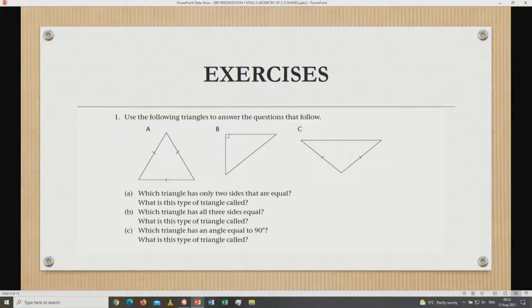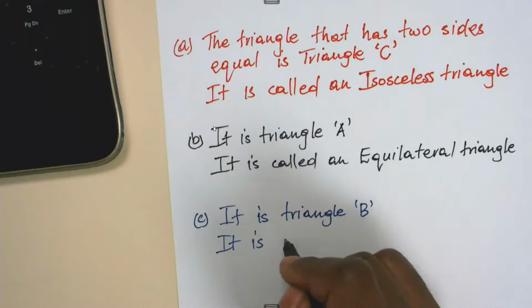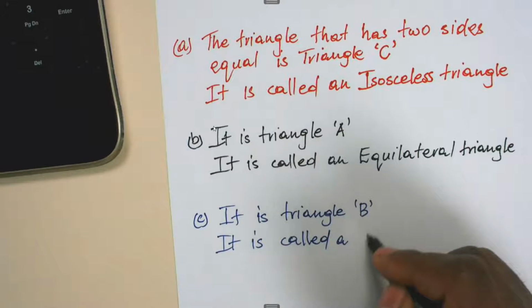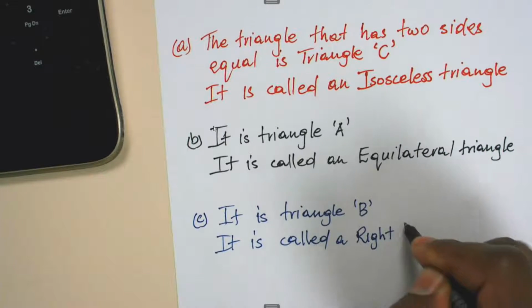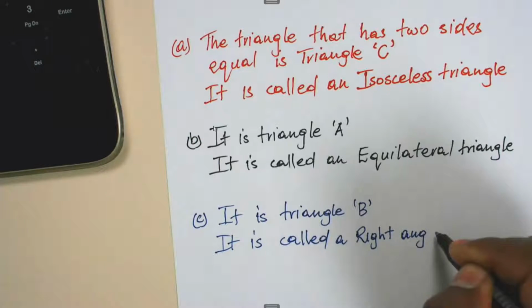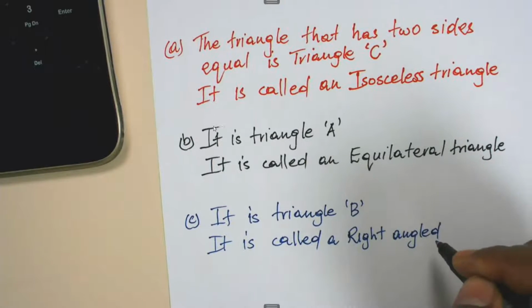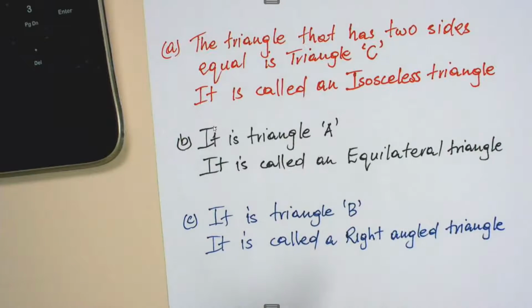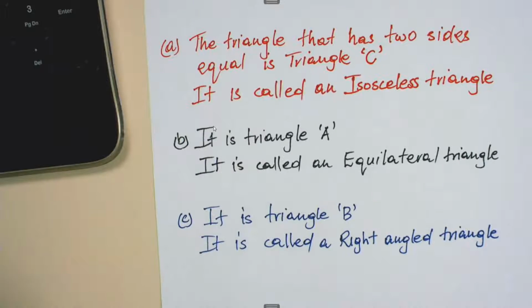Remember, a triangle that has got an angle that is equal to 90 degrees is called a right-angled triangle.